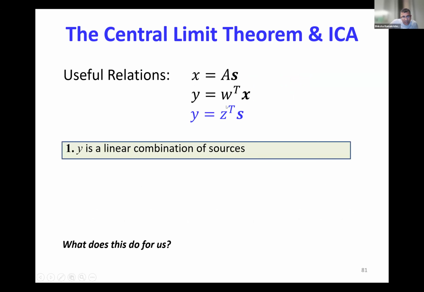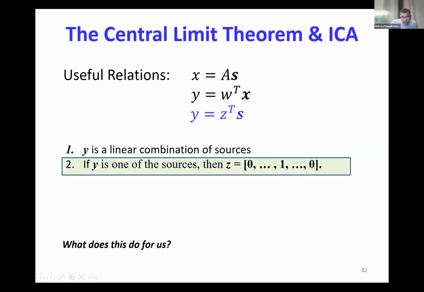What does this mean? Y is a linear combination of these sources. If I wanted to pick only one of the sources, then I want Z to be a one-hot vector. I'm saying I want my unmixed data to pick one of my component sources, which means I'm multiplying the column vector of sources S by a one-hot vector, which picks up one of the sources.